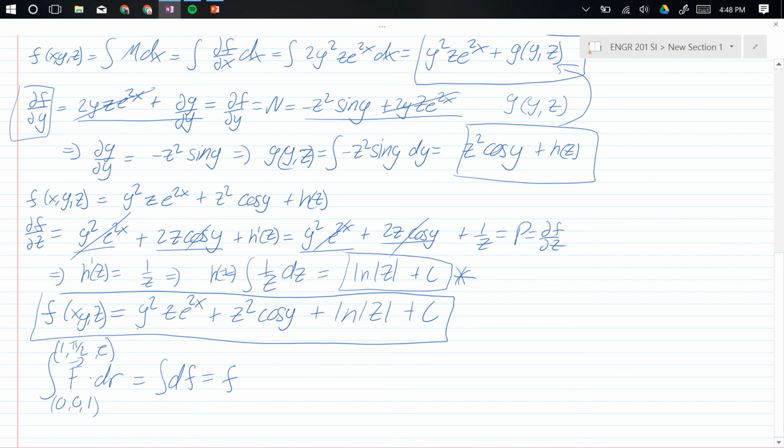So the integral of F dot dr is the function f of x, y, z. So let me erase that. This would equal y squared z e to the 2x plus z squared cosine y plus natural log of the absolute value of z, from (0, 0, 1) to (1, pi over 2, e), and they probably made it work out really well.